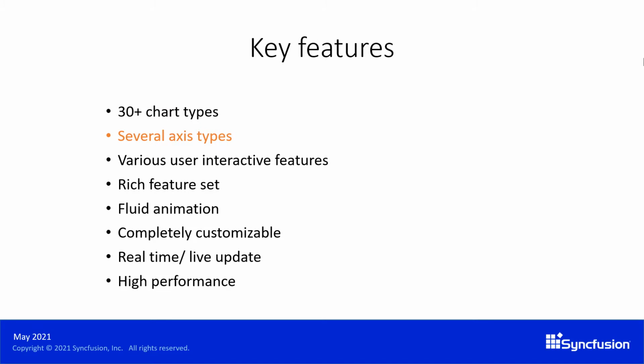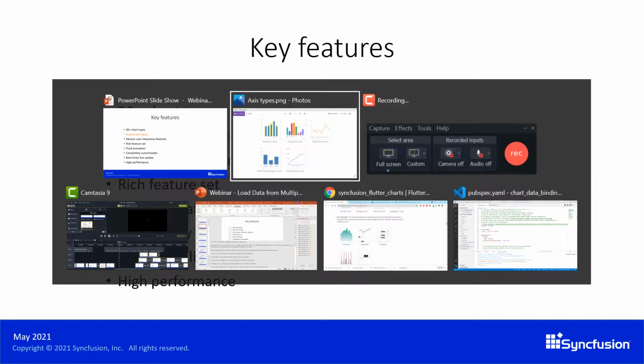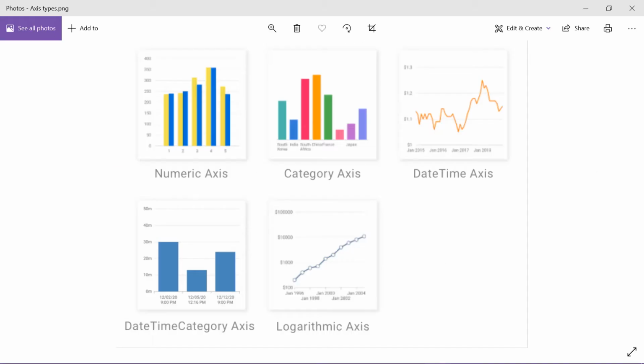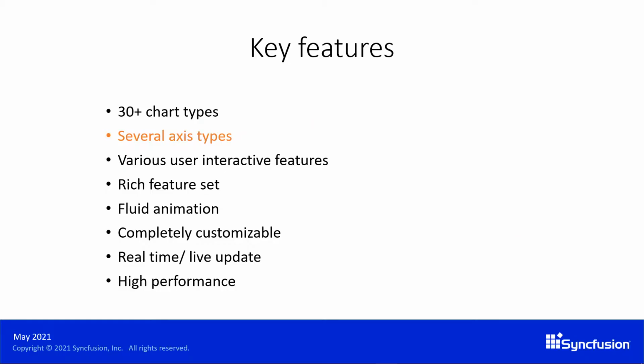Then it supports 5 axis types, namely numeric, category, datetime, and logarithmic axis. These axes in turn allow you to bind numeric, string, datetime and logarithmic values to the chart.